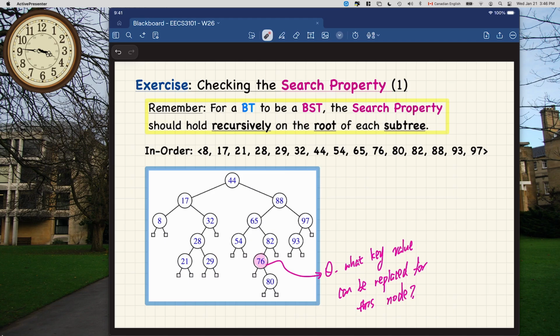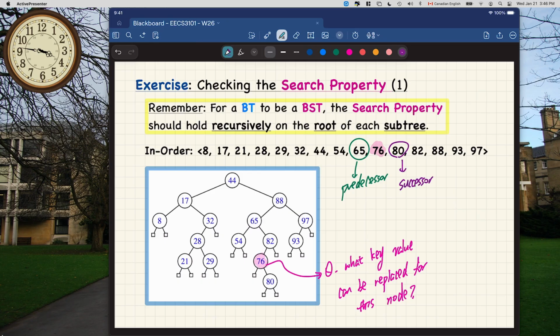Let's say 76 is right here. If you look at the sequence itself, remember we talked about predecessor and successor. This one here is the predecessor, and this one here is the successor.